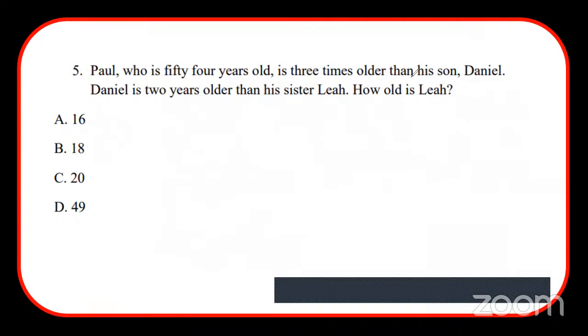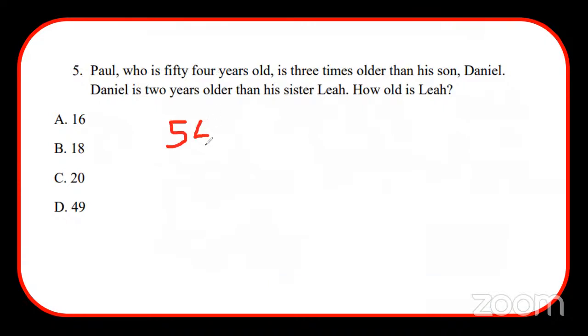I see many of you already doing that. And you got 18. So here we can say Paul is 54 years old and Daniel is 18 years old. Very important to point what 18 means for you. So Daniel is 18 years old.